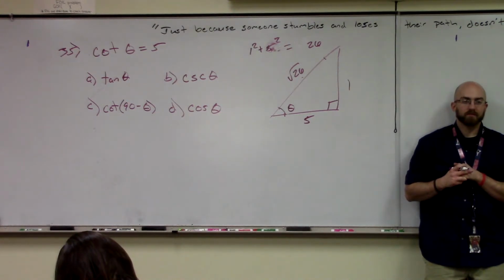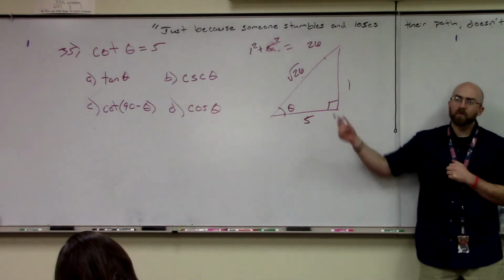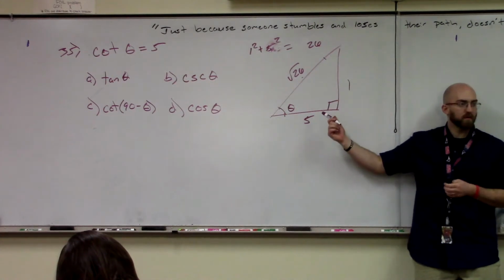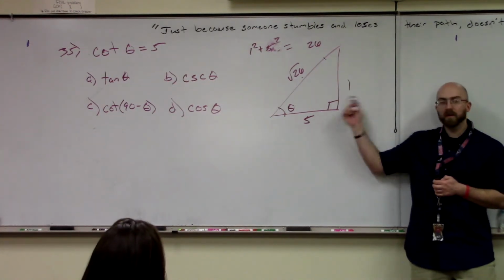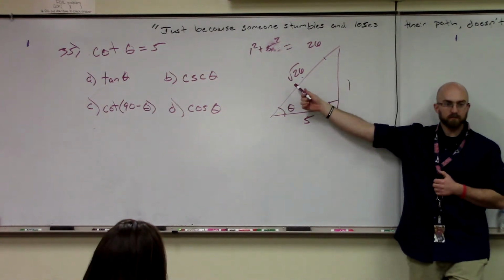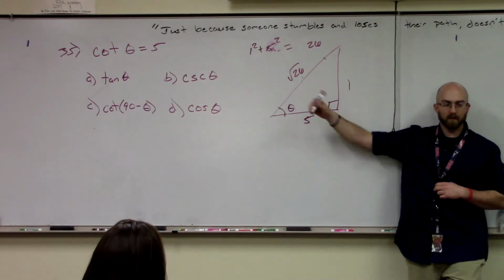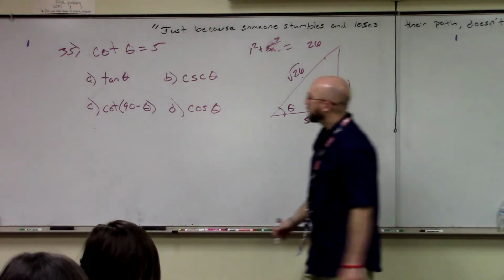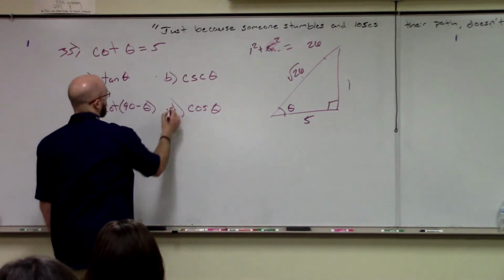Adjacent over opposite. And if there's nothing there, it means it's just divided by 1, correct? So that's where you get 5 over 1. Use the Pythagorean theorem, and this is the square root of 26. Now, these three are easy to find, correct?